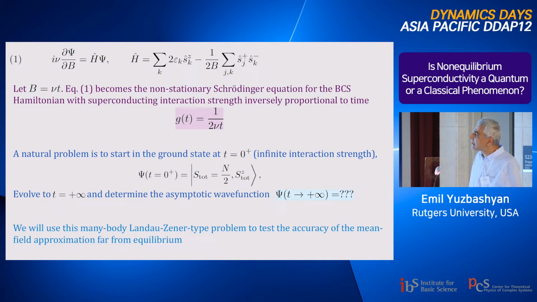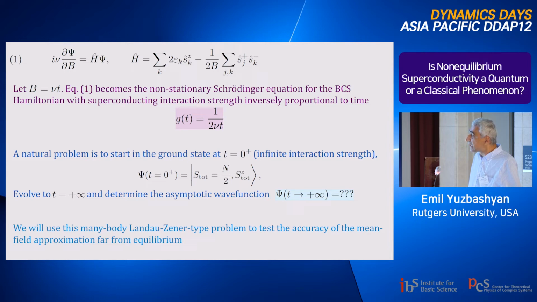The state at t equals 0 minimizes the interaction, and because the interaction is ferromagnetic, it corresponds to having the maximum total spin equal to n over 2 and a certain z component of the total spin, which corresponds to a prescribed number of electrons that is fixed initially.